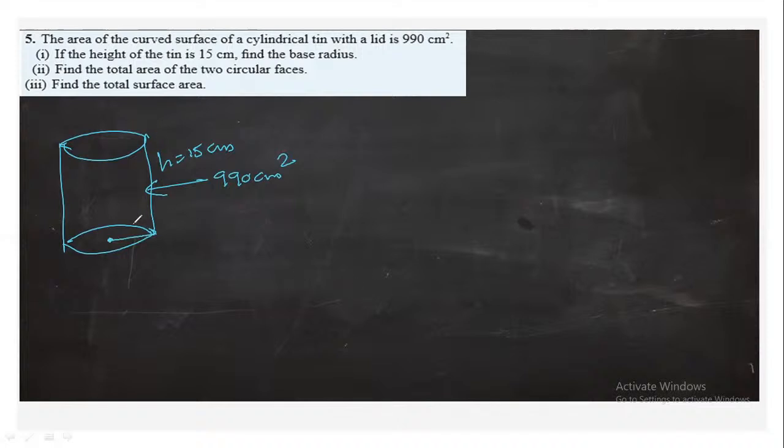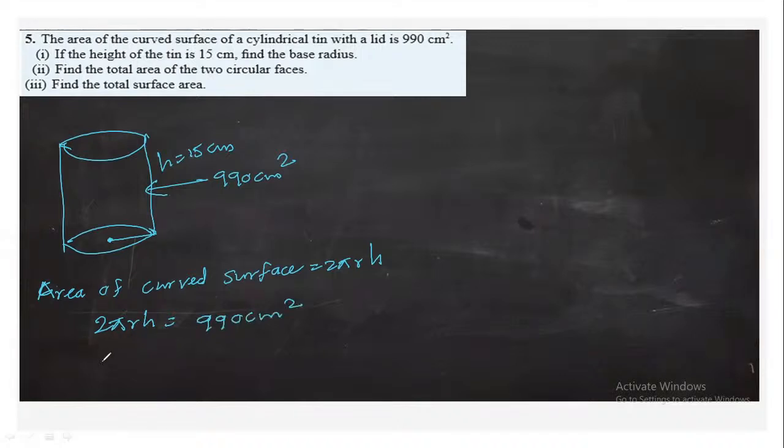The curved surface has been given, we have to find the radius. Curved surface area 2πrh equals 990 square centimeter. 2 into 22 over 7 into radius, we don't know, height is 15, equals 990 square centimeter.